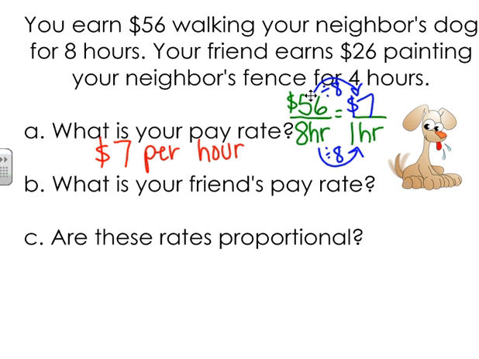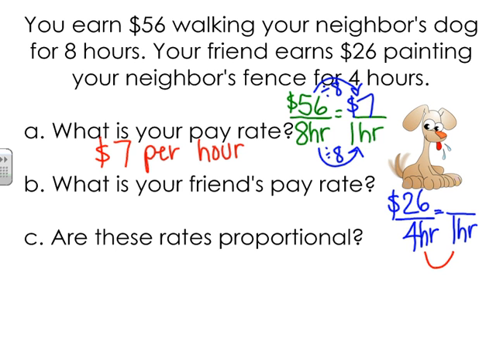Okay, to find your friend's pay rate, we're going to start the same way. This time your friend earns $26 in 4 hours. Okay, set up a proportion, and we're going to find the amount of money they make in 1 hour.